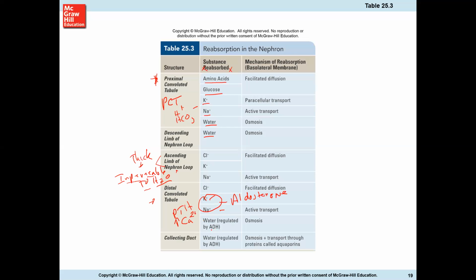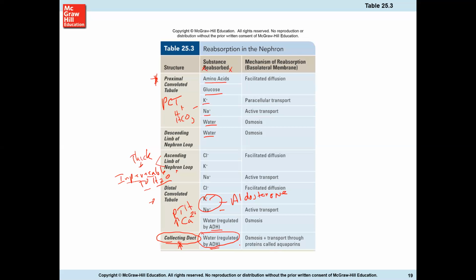Now there's some ADH that works on the DCT, but mostly ADH, antidiuretic hormone, works on the collecting duct, the end of the nephron before it goes into the papillary duct, into the minor calyx. So this is the last chance of water reabsorption. This is where ADH really exerts its mastery.